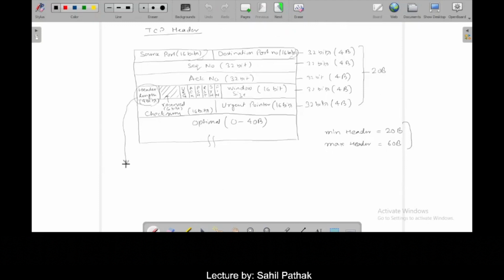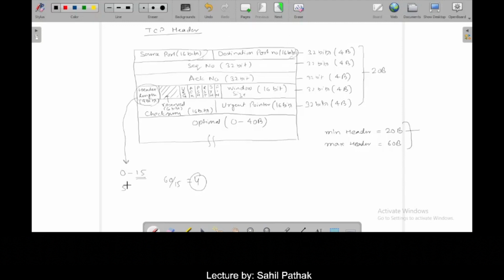With 4 bits we can have 0 to 15 values. Okay, if I want to make 20, the value could be 5. So there should be a scaling factor, and that scaling factor we can calculate in the same manner, that is 60 by 15, which is equal to 4. Okay, so if I put the value 15 in the header length and multiply it by 4, that will give me 60. That is the total header size.